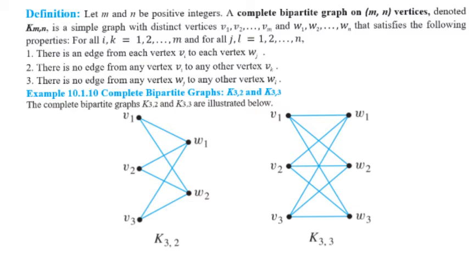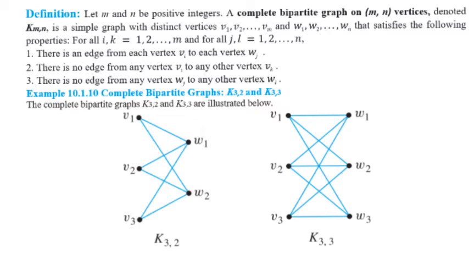And the third and last property is that there is no edge from any vertex wj to any vertex wi. Again, we have the same property that we mentioned in property number 2, which says there is no edge between the elements of one part, either the part v1 to vm or the part w1 to wn, right?